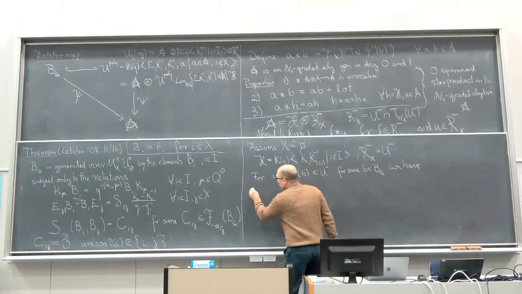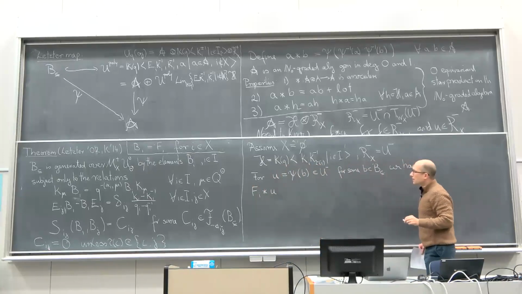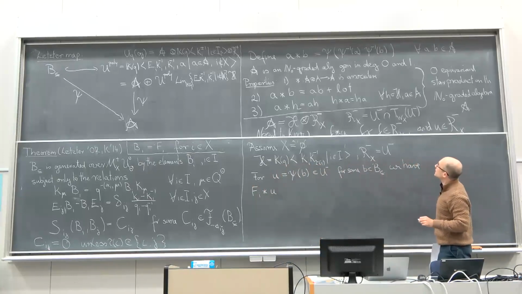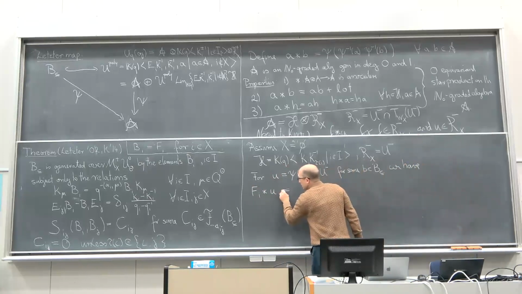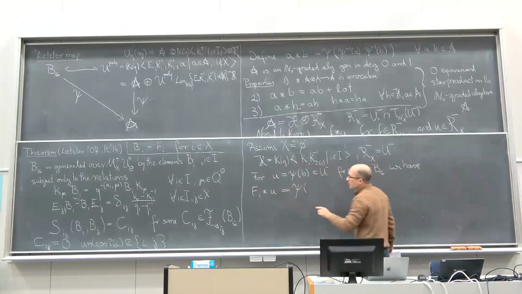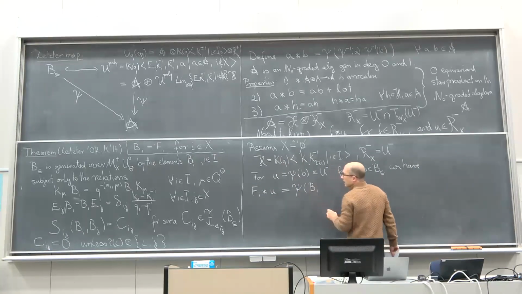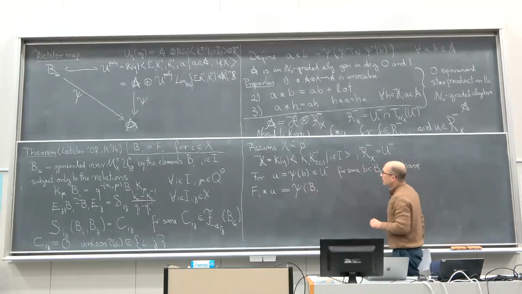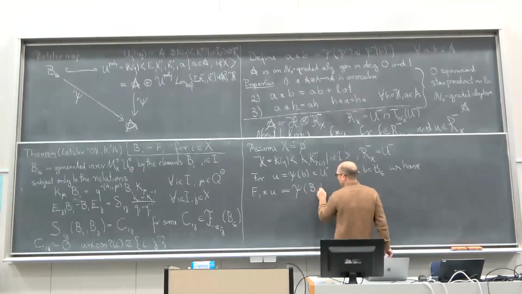So what I want to know is what is Fi star U, and that is just a little instructive calculation. We take our definition up there. So I have to take psi of the preimage. Well, the preimage of Fi under the Letzter map is just the Bi. And then U was psi of B. So I can just write B here.